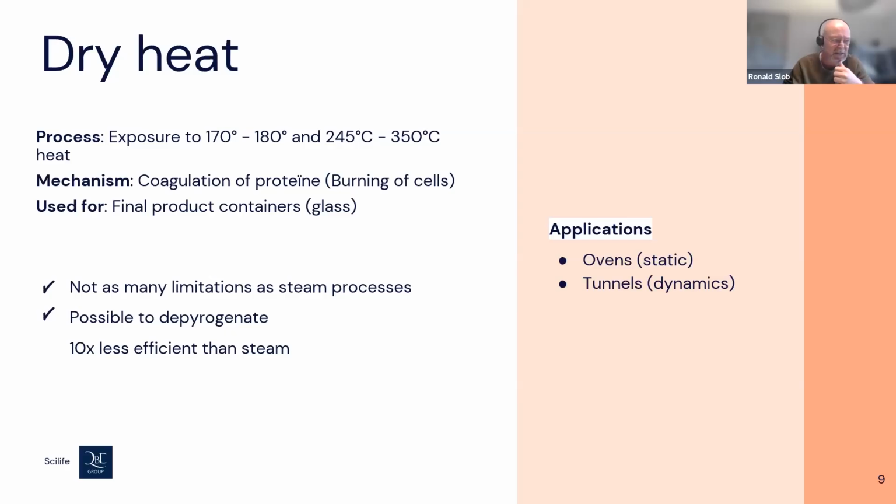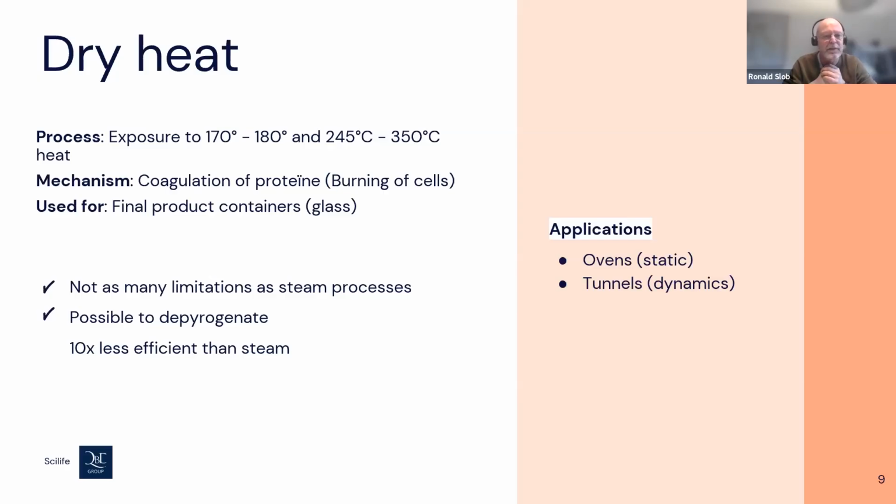But still, they were injecting these things into the person. And they still got fever, and some of the people actually died from that. And it seems that there was a small lipid in the cell wall of the cell itself which was still there. The only way you can get rid of it is to raise the temperature to 345 or 300 or even higher, just to burn those lipids.